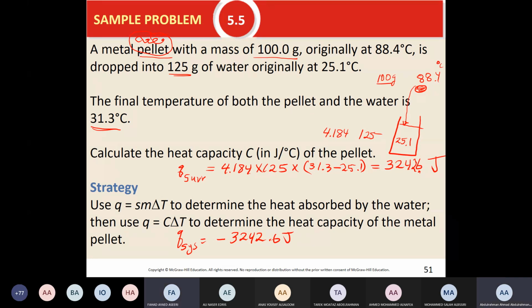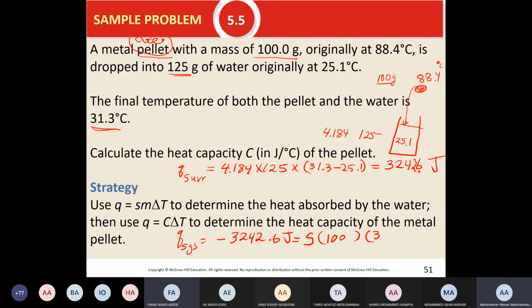Exactly. What's this equal to now? S times what? Times the mass, 100, times what? Delta T. What's delta T?